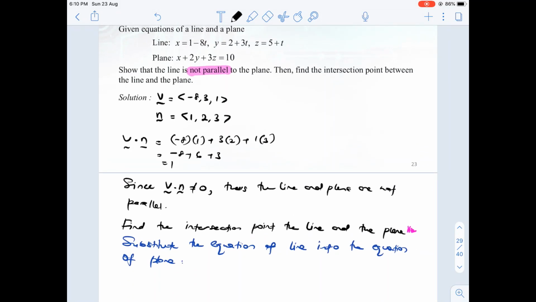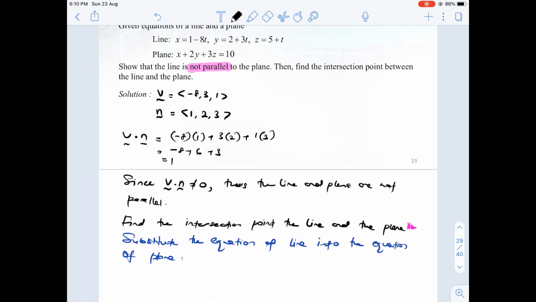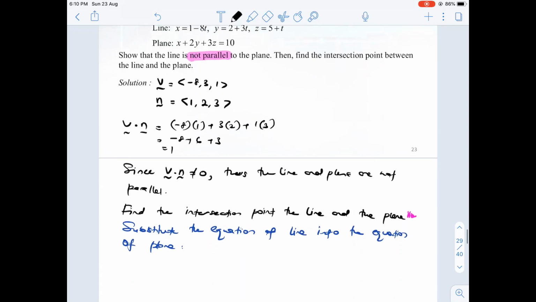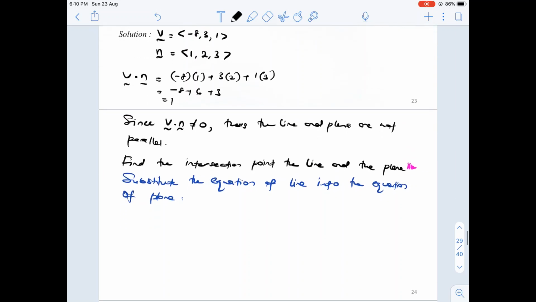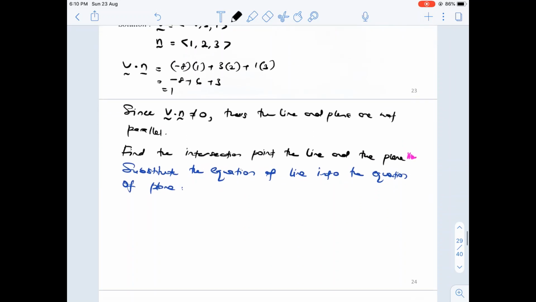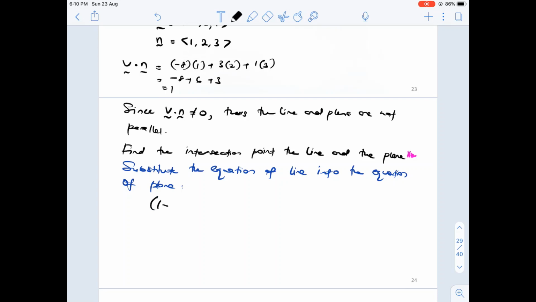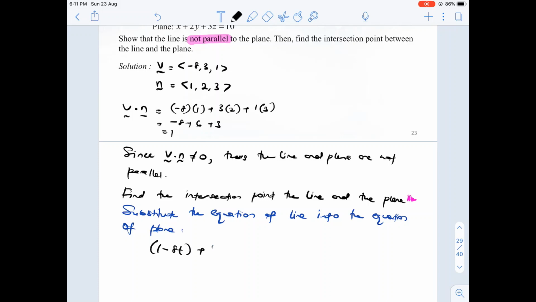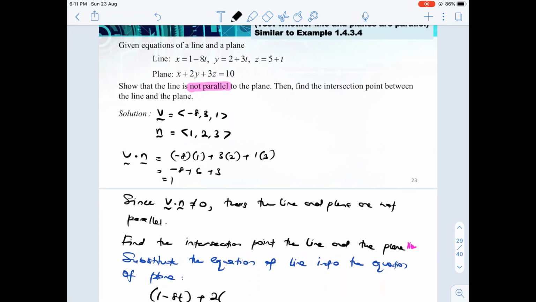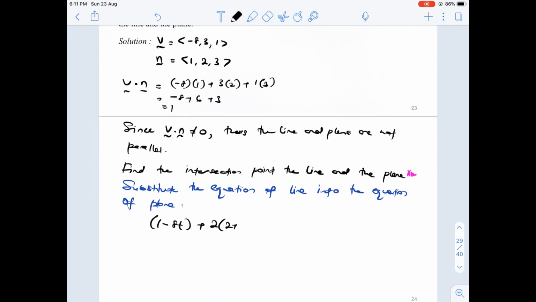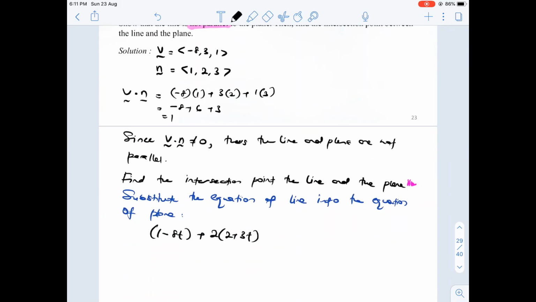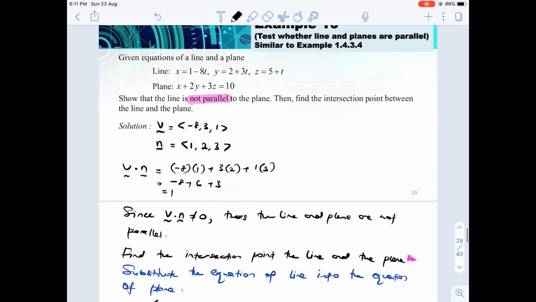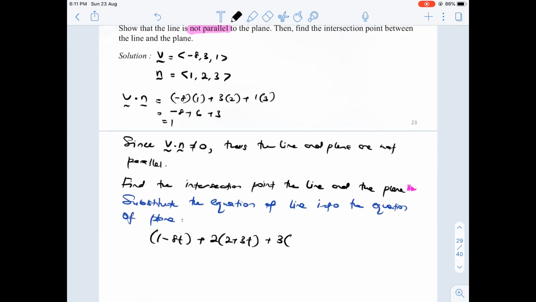So x equals 1 minus 8t. We have x plus 2y plus 3z equals 10. So 1 minus 8t plus 2y, and 2y is 2 times 2 plus 3t, and then 3z, so multiply by 3, and z is 5 plus t.